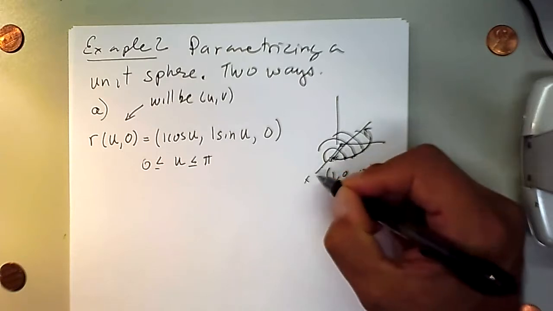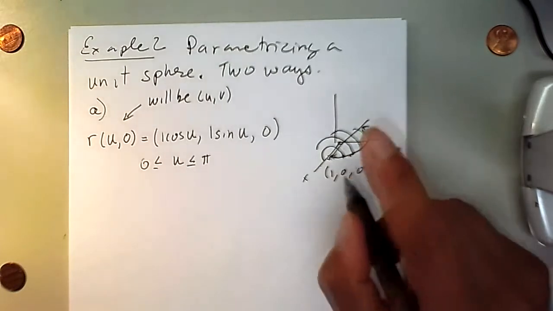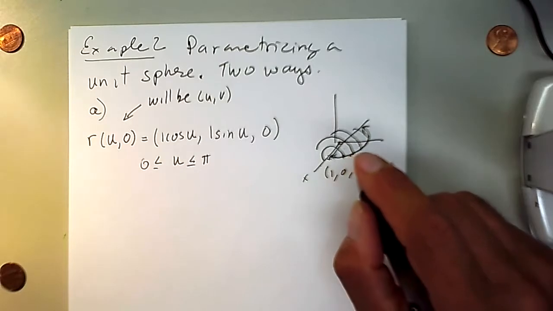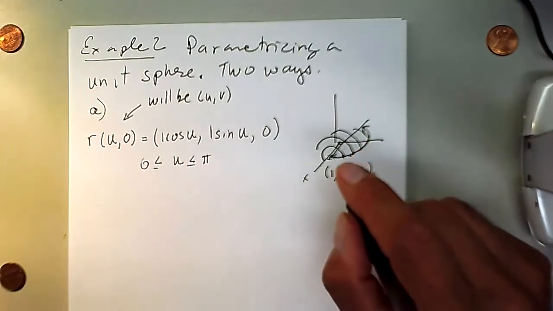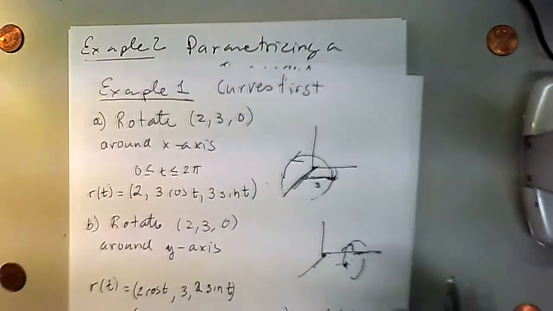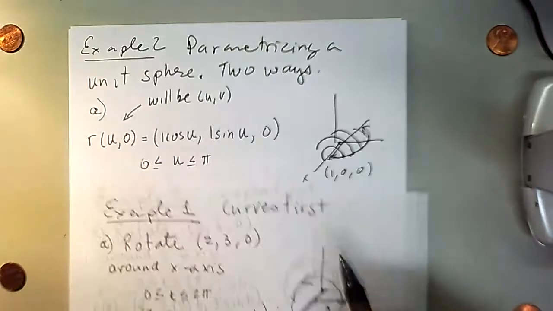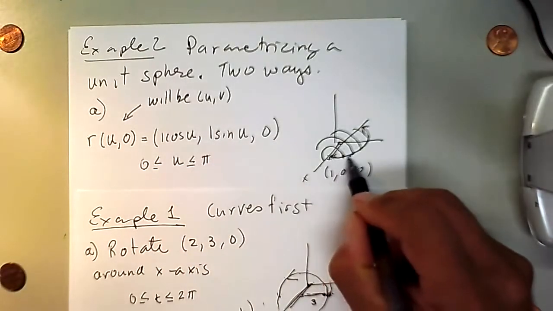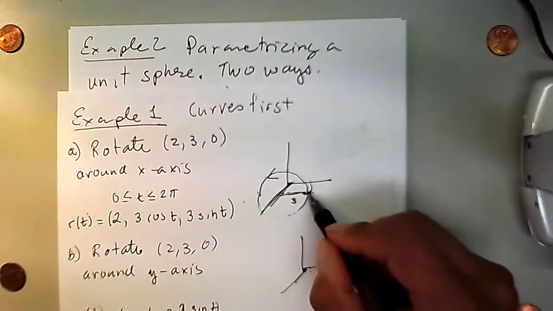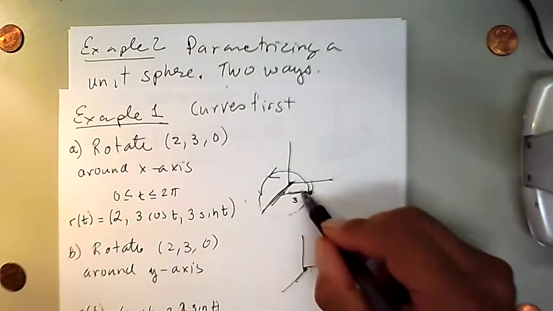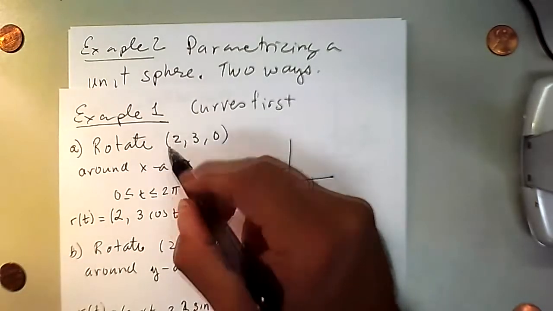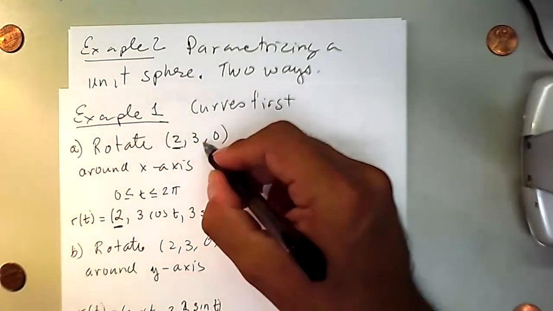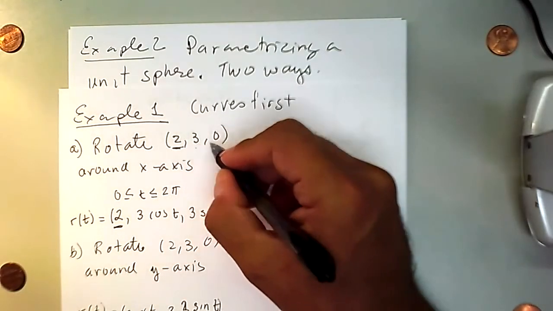the x-axis. Now, remember how we rotated around the x-axis. Let's see, example 1a. Remember, we had a point 2, 3. So pretend you have a point cosine u, sine u, somewhere in here, and we're going to rotate that point around the x-axis. What we did is we kept the 2 as is, and then we had something and 0.